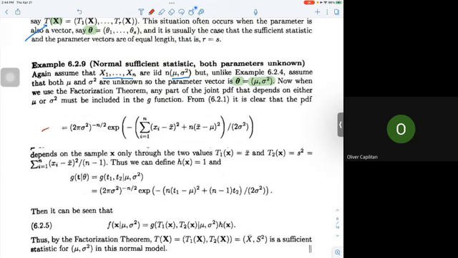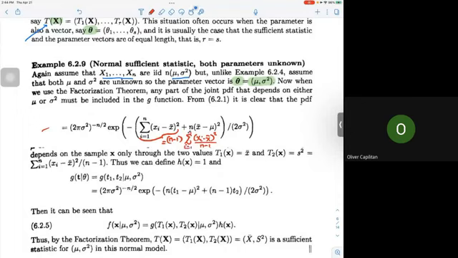So this part can be expressed as n minus 1 times the summation of x sub i minus x bar squared over n minus 1.